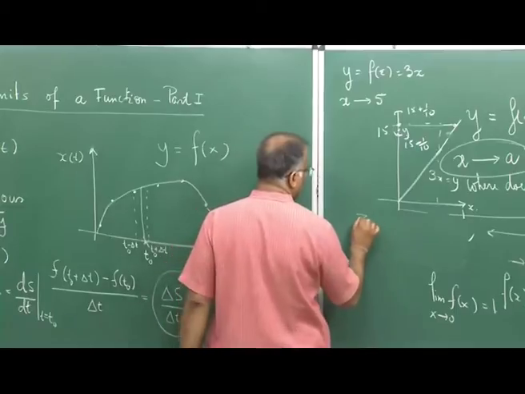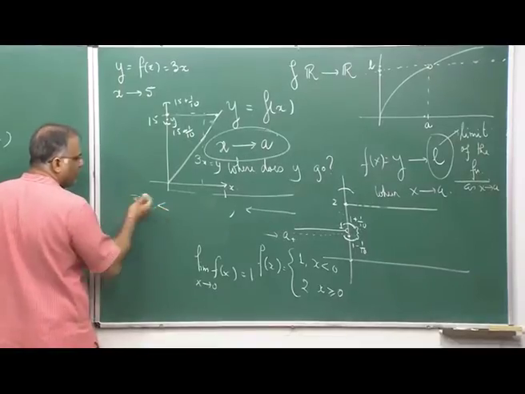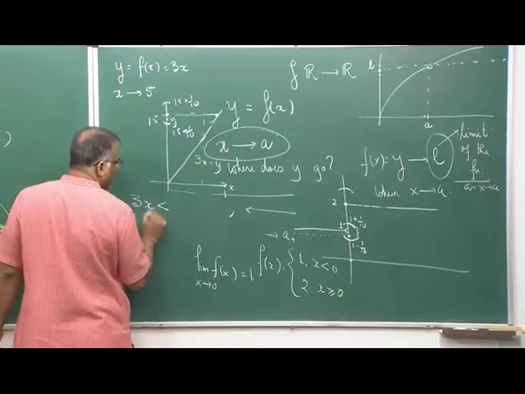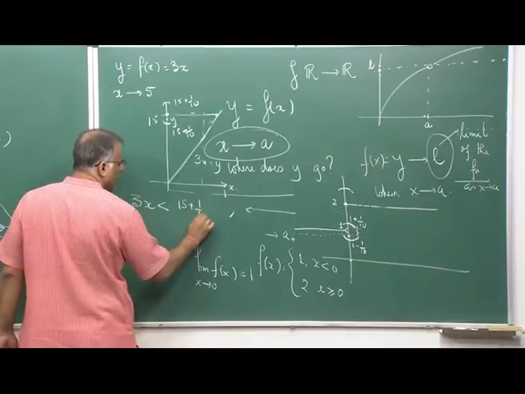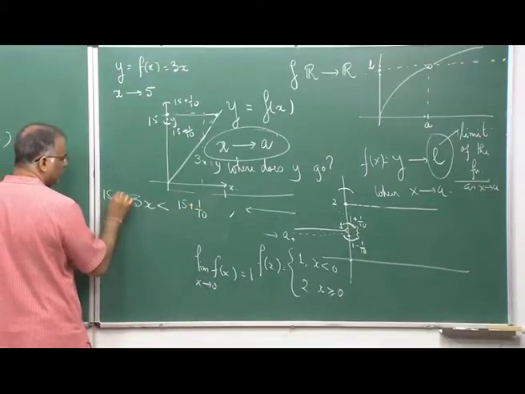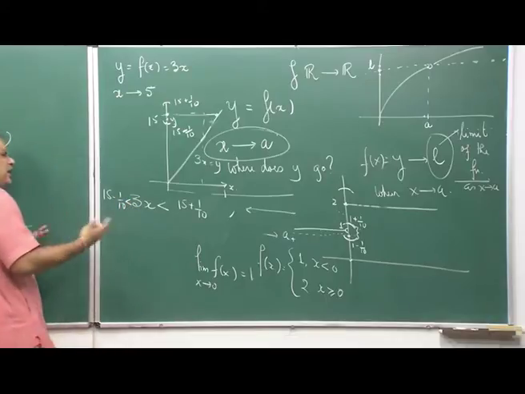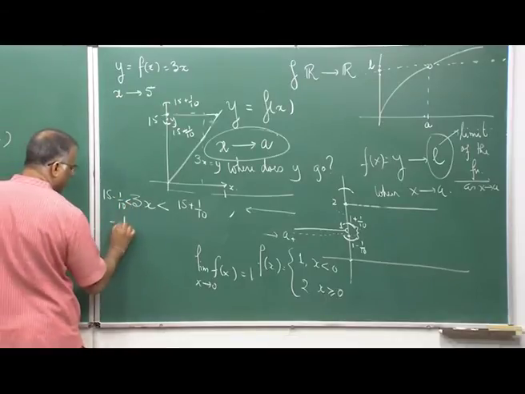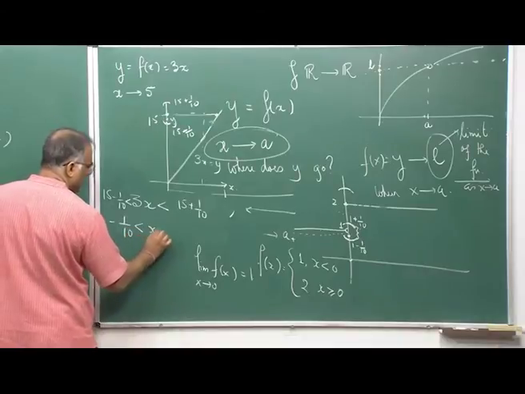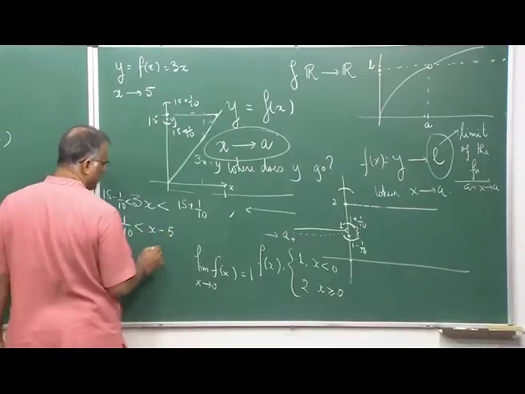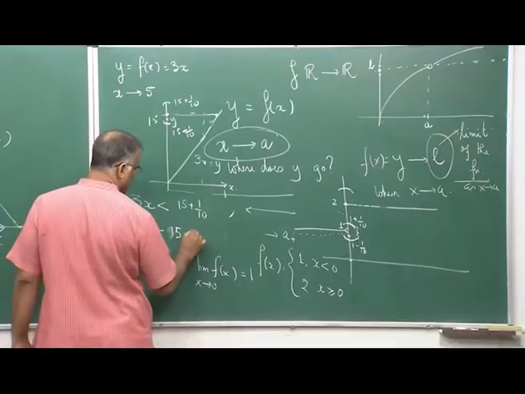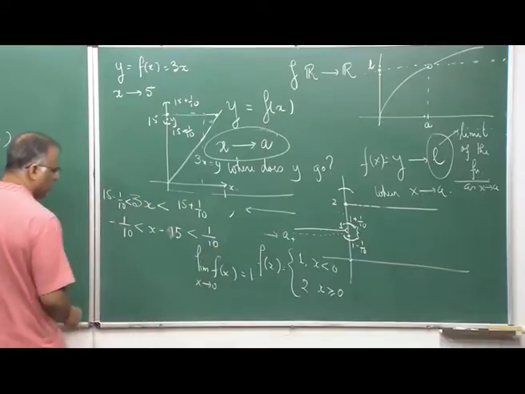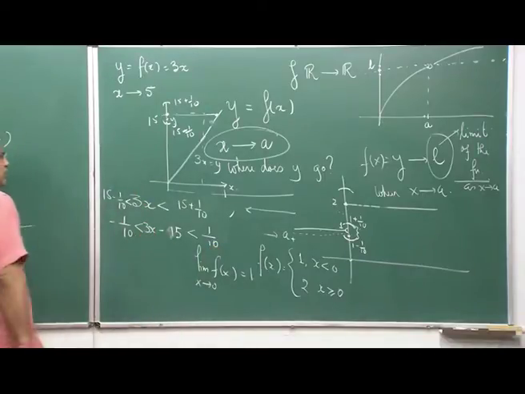So I will take a functional value 3x for some x where it is lying between 15 minus 1 by 10 and 15 plus 1 by 10. Subtracting 15 from all the sides, I have minus 1 by 10 less than 3x minus 15 less than 1 by 10. Now I will divide all the sides by 3.